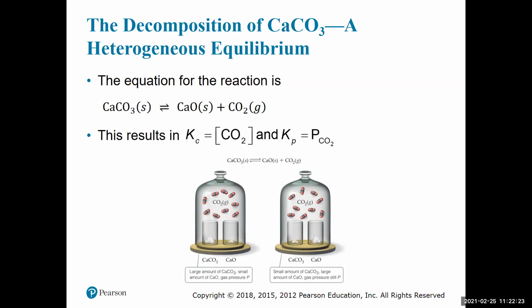So in the products, we have calcium oxide, CaO, and CO2, and then in the reactants, we have CaCO3. But the only one that shows up in our equilibrium expression is this CO2. And that's because the calcium compounds are both in the solid form. So by definition, they're 1. Since it's 1, it doesn't show up in the equilibrium expression.